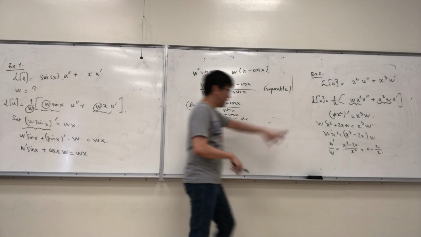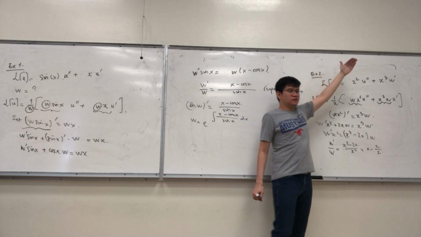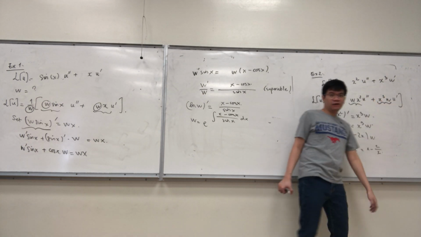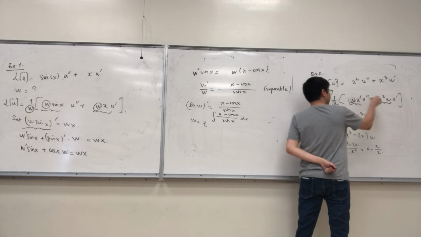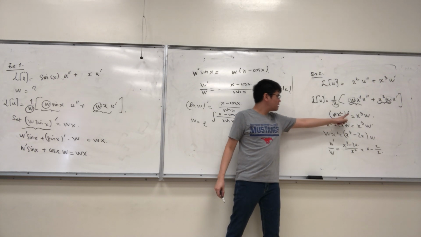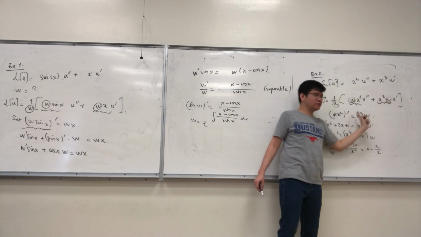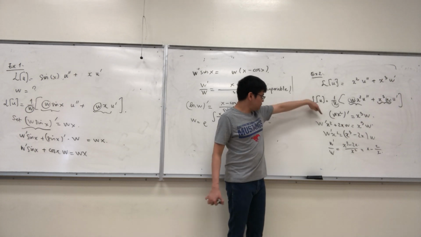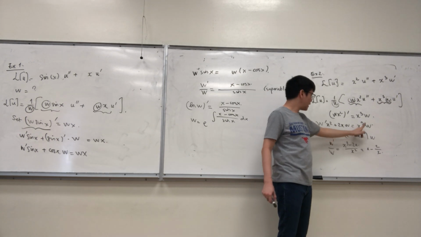So I explain again. Another example is Lu equal to x squared u second plus x cubed u prime, right? To find w, you divide by w and you multiply by w. Then you have w x squared prime equal to x cubed w, which gives you w prime x squared plus 2xw equal to x cubed w.